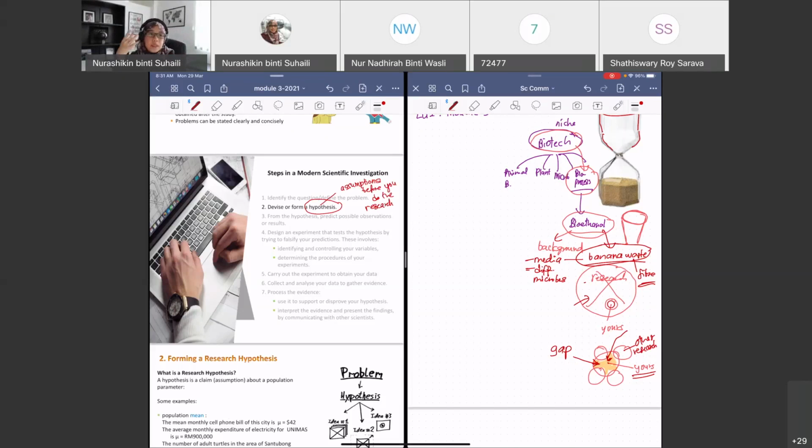It will give you a picture about the outcomes. When you do the research, you must have some expectation about what will happen. In science or in statistics, we divide the hypothesis into two types. Who remembers the two types of hypotheses?